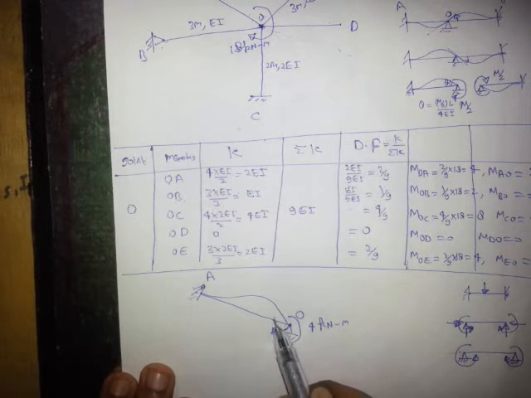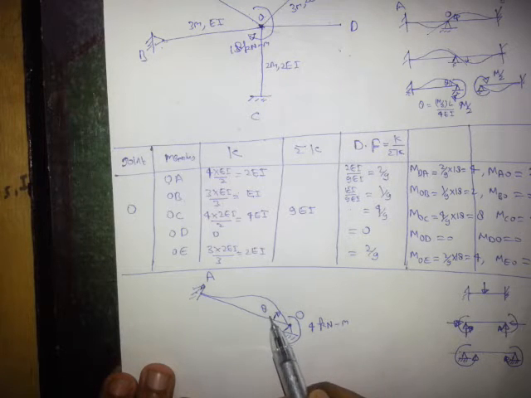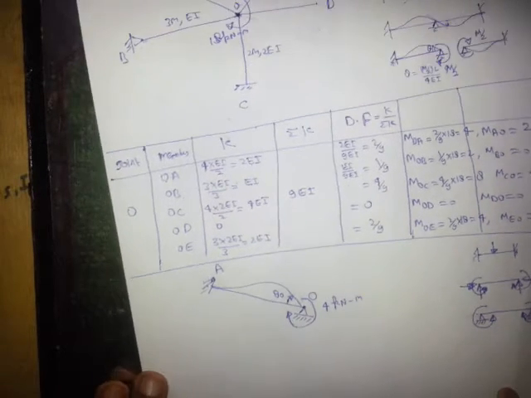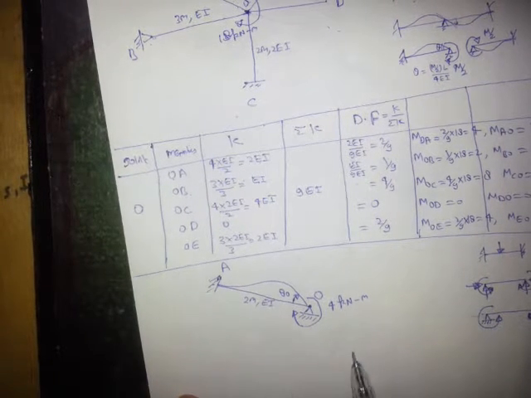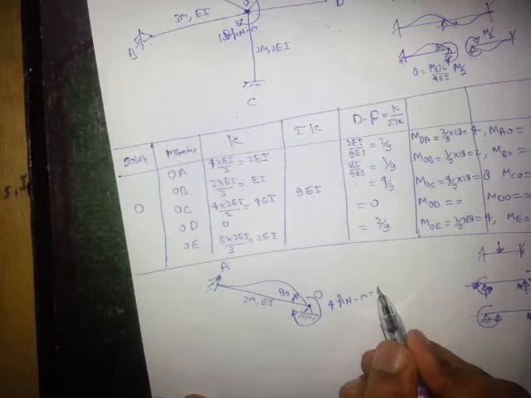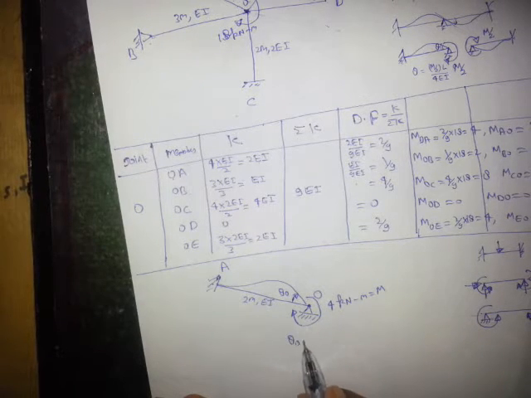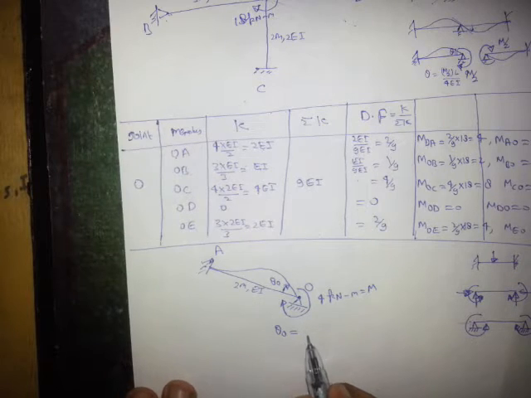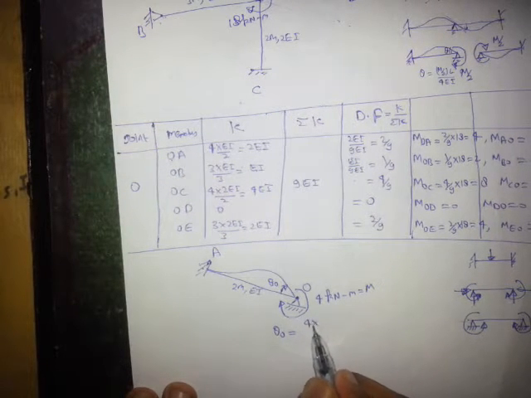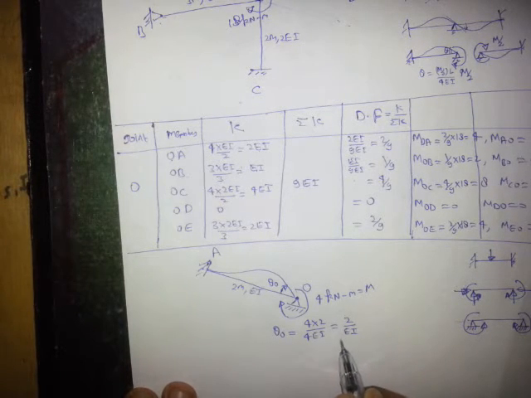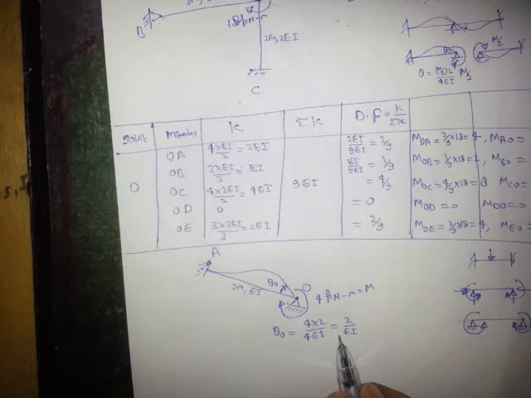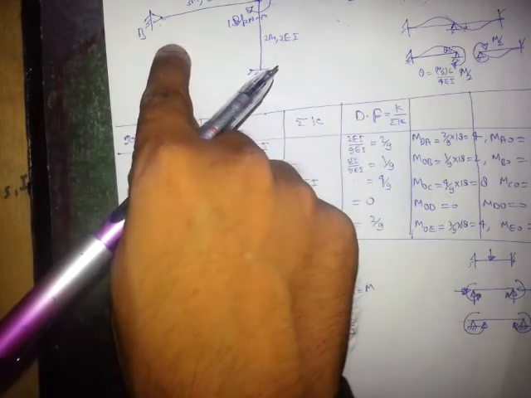So this is the moment, or this will be theta O. Let us suppose this is theta O, and the formula will be, since it is 2 meter, it is EI, and M equals 4. So theta O will be ML upon 4EI. M means 4, L means 2, upon 4EI. So the answer will be 2 upon EI. So this is the rotation of this joint.